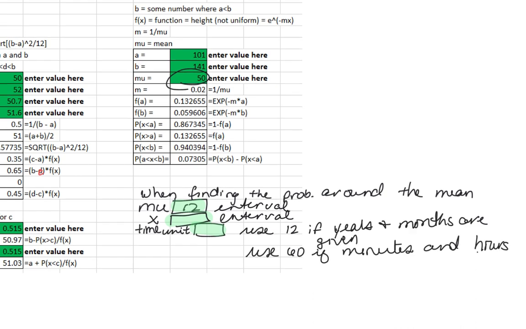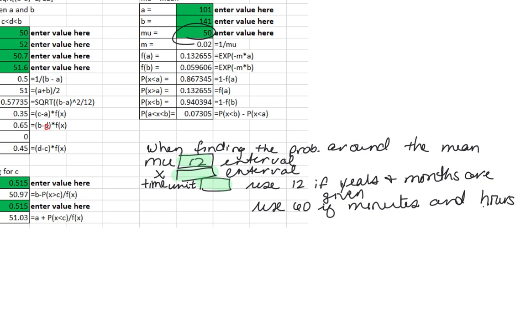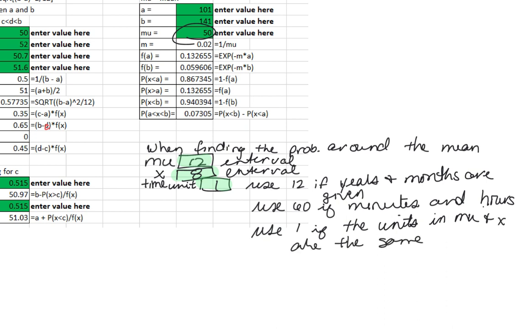So something like that to remind me what I'm going to put in there for my time unit. All right, so my x for my example up above was an 8. And I should say use 1 if the units in mu and x are the same. So I'd label this kind of stuff because I want to know later what the heck I'm supposed to be putting in here.